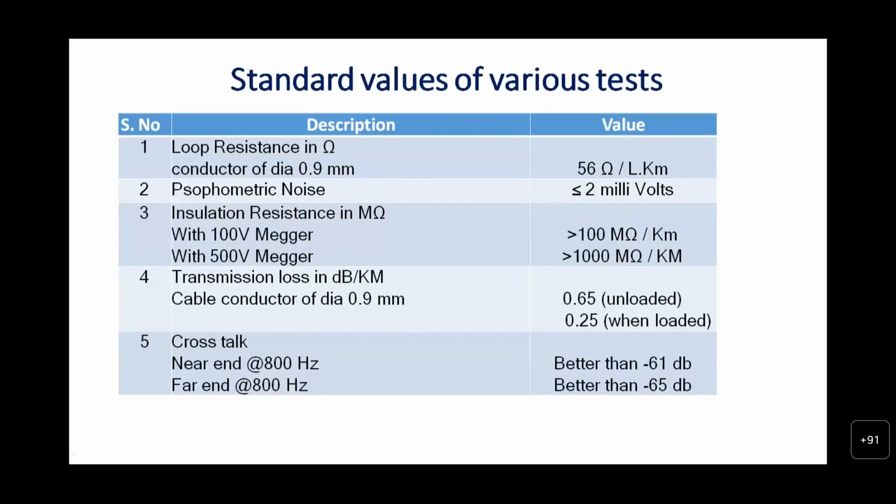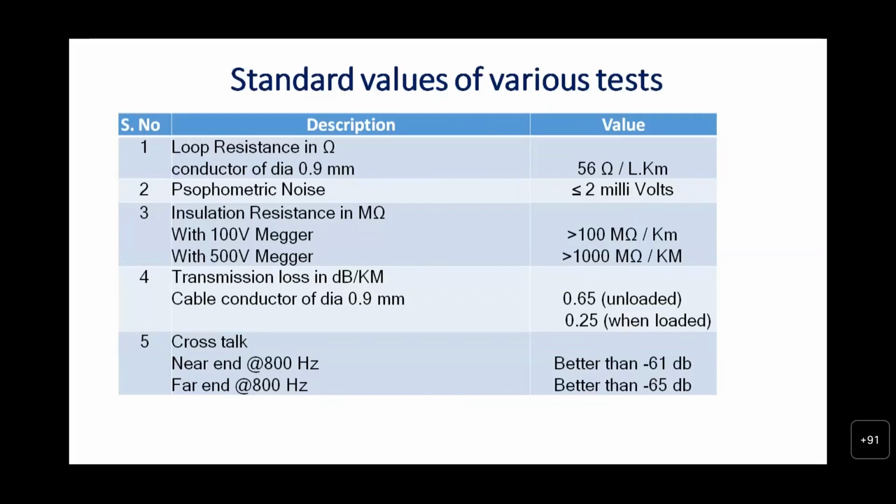If it is used with a 500 volt Megger, it should be more than 1000 megaohms per kilometer. The transmission loss in dB per kilometer for the conductor of 0.9 mm is 0.65 unloaded, 0.25 with loaded.